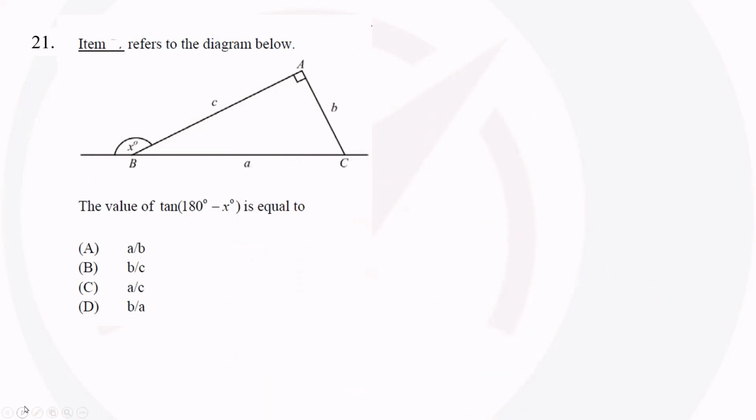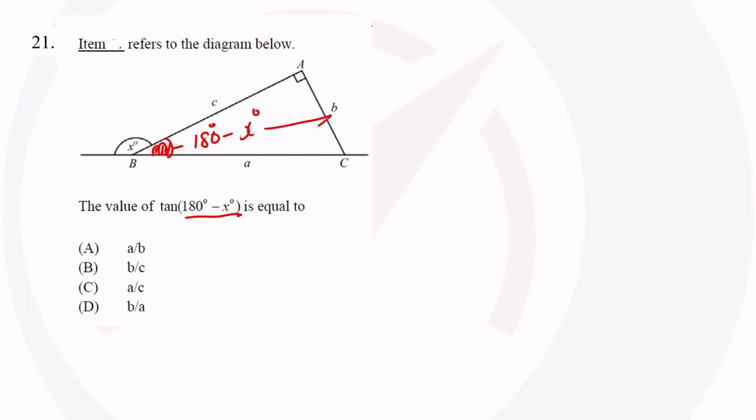Let's look at number 21. It refers to the diagram below. Find the value of tan of 180 minus X. Angles on a straight line add to give 180. So if we wanted to find the angle here, we would say 180 degrees minus X. So this whole angle here is our angle 180 minus X. Tan again, wow, I am very tanned out.